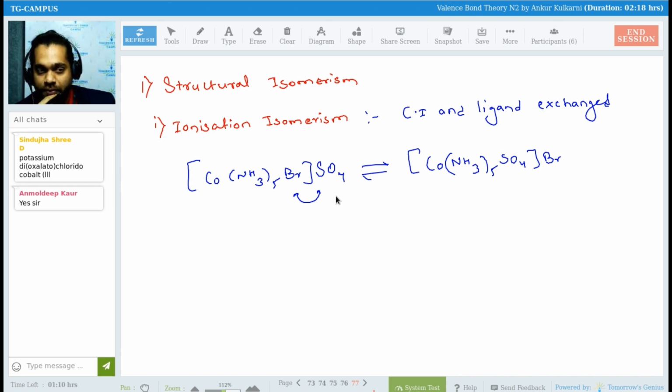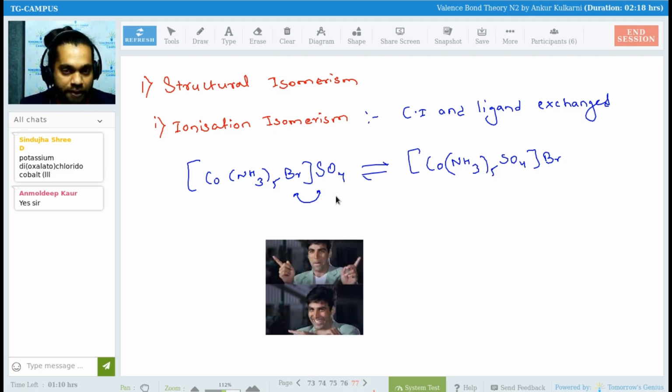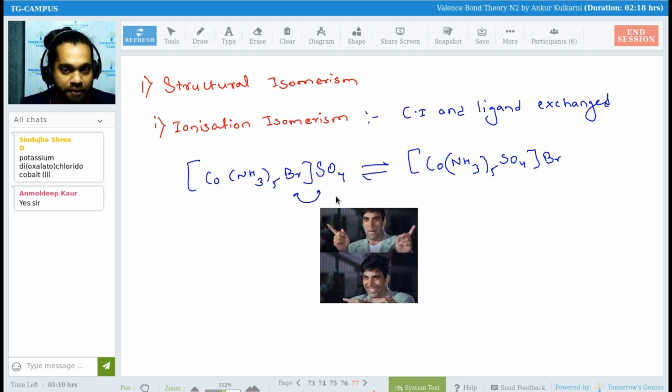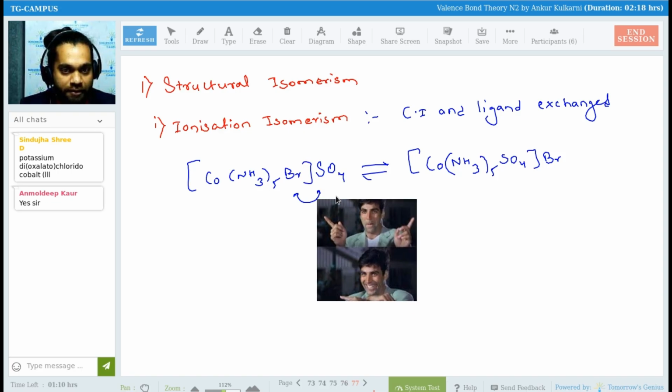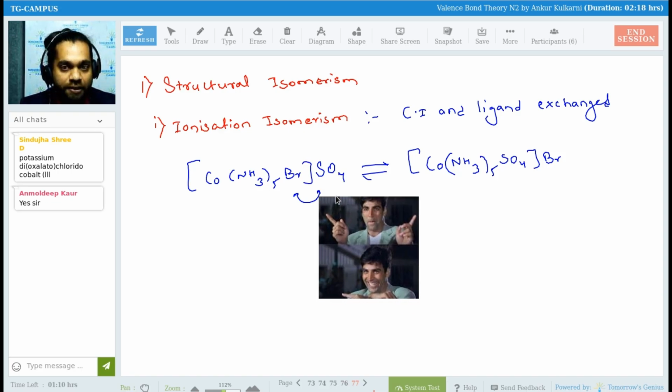Sarjana, do you know? Anyway, he had one meme that we use regularly whenever something is exchanged, where he makes a gesture like this.